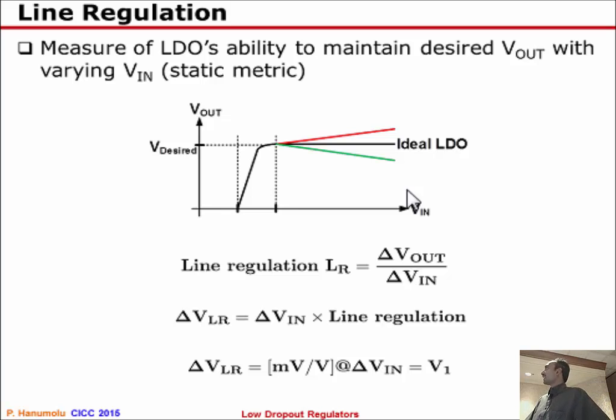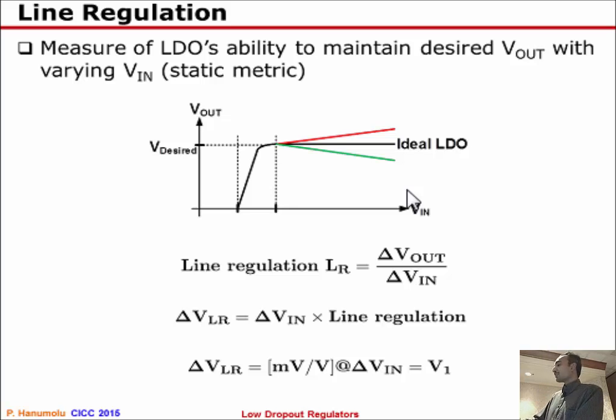But in practice, as I have shown in 2 cases, the green being the more practical case, as you keep increasing V in, V out sort of deviates away from the desired value. And a hint for expecting this kind of behavior is we essentially have a feedback system, right, with finite loop gain, and we'll prove this a little later.